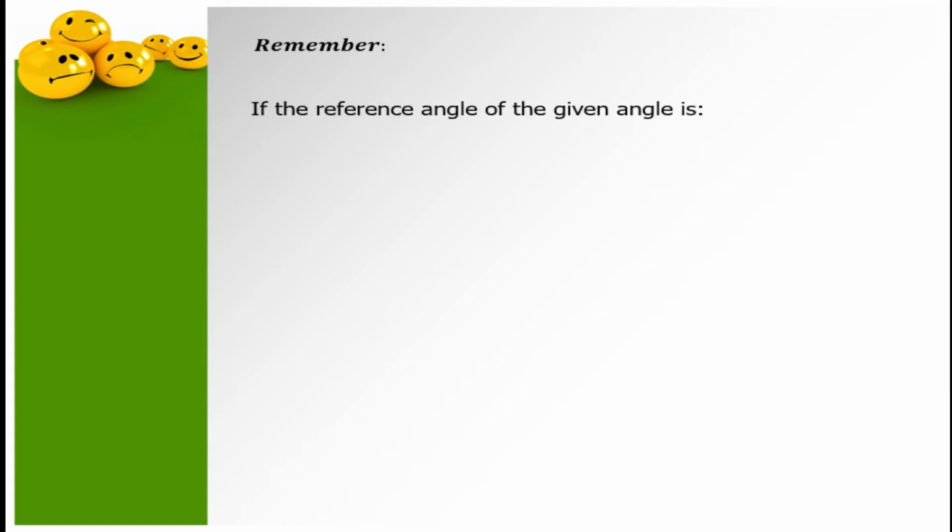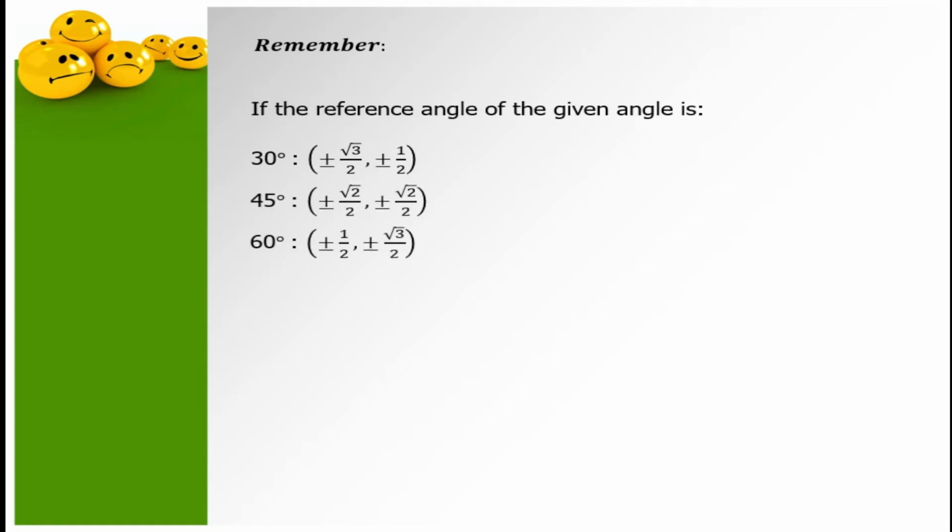So we have here two problems to be solved. By the way, before that, we have to remember in solving problems involving the sum and difference formula of trigonometry, the concept of the coordinates of the point of intersection of the terminal side of the angle and the unit circle with reference angle of 30 degrees, 45 degrees, and 60 degrees.